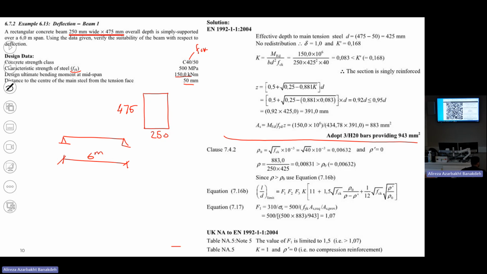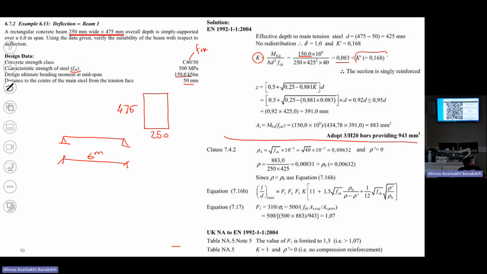Because it's the design of this beam for this 150 kilonewton meter. If you remember from design of reinforced concrete beams, first of all we calculate K. We have 150 kilonewton meter divided by this, we will get this one.